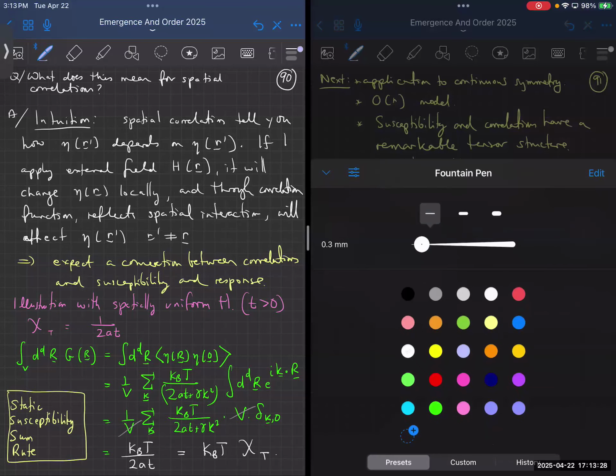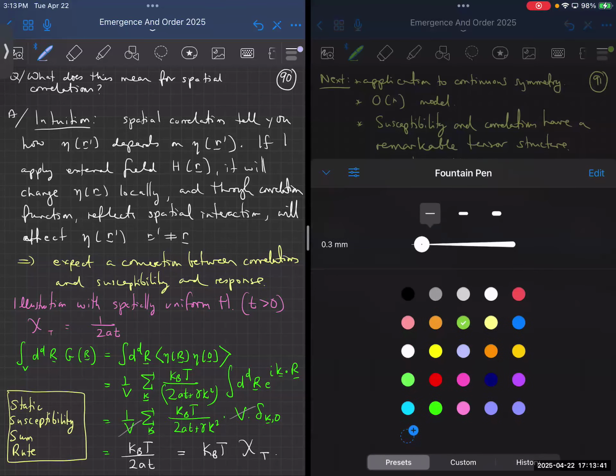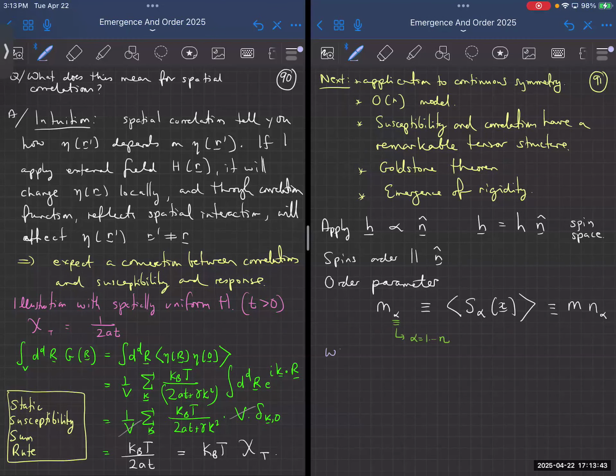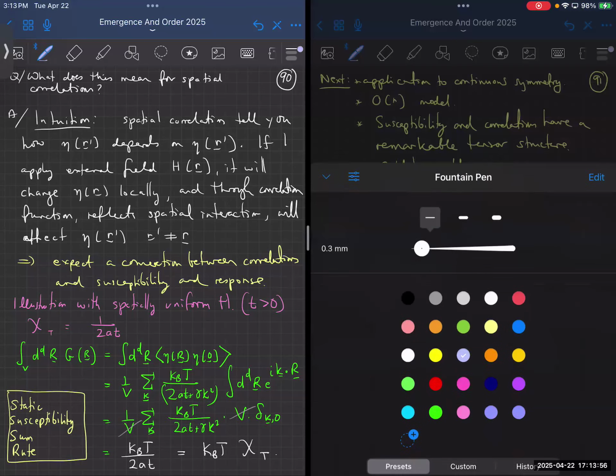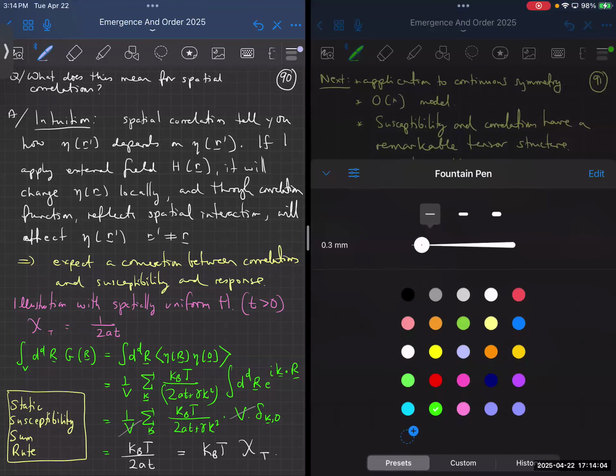So the labeling here, alpha goes from 1 up to n. And what I'm going to do is, without loss of generality, I'm going to assume that the ordering direction in spin space is 1, 0, 0, 0, like so, where there are n entries in this vector. Okay, so that's the setup.